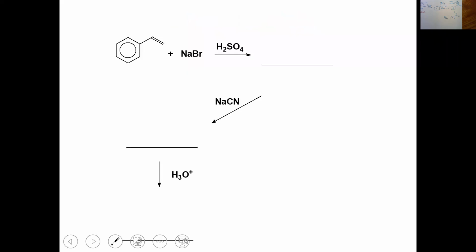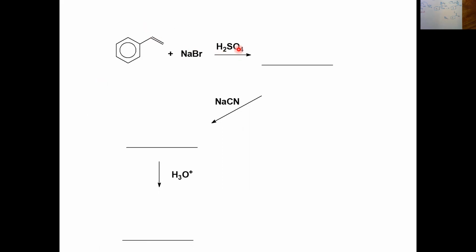Let's do a couple of fill-in-the-blank things. That top little reaction, we've got NaBr, acid, and an alkene. What's the very first reaction you learned in organic way back when? Reactions of alkenes. That alkene is going to get protonated to make a carbocation here, benzylic and secondary.